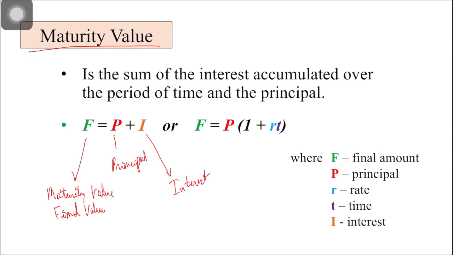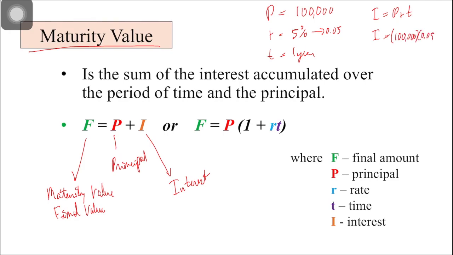Understood? Let me write it. So the principal is 100,000, and you invest it in the bank at a rate of 5%, which is 0.05, for 1 year. So, I is equal to PRT. Your P is 100,000 times 0.05, the interest rate, and time is 1.